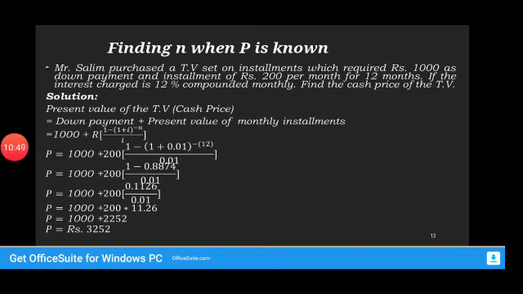So we will write 12 in N and for interest, 12% divided by 12, that will become 0.01. By putting the values in the formula and simplifying it, what we get is rupees 3,252.